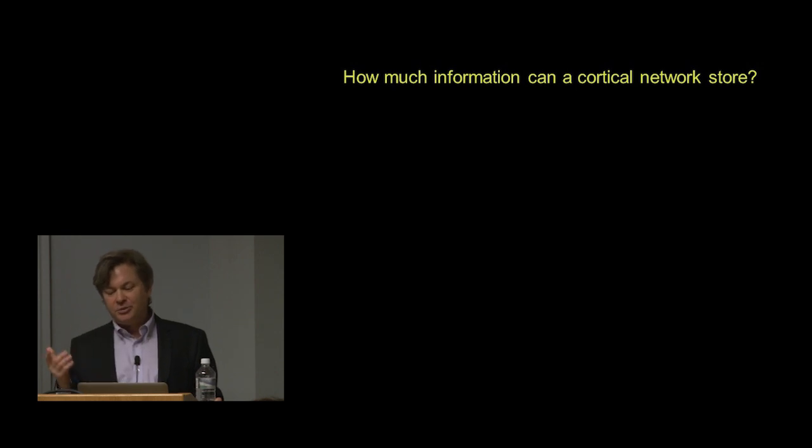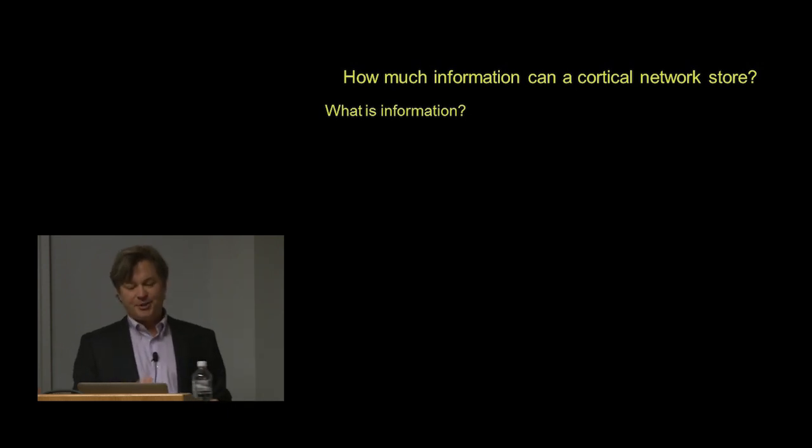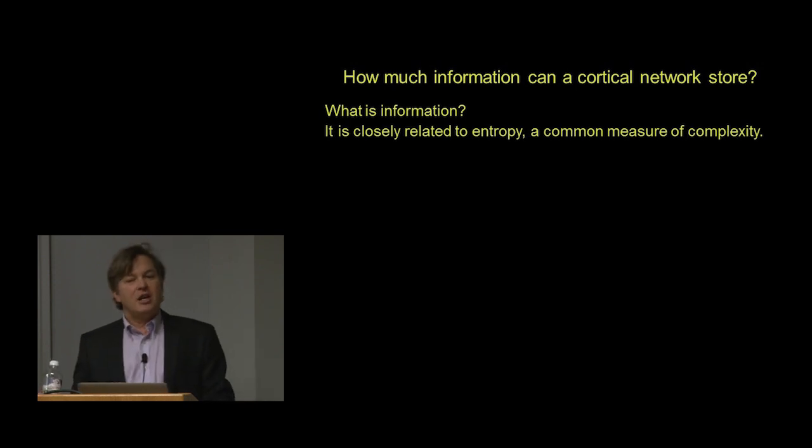So finally, I wanted to go back to a bit of the paper that I introduced earlier. Finally, I wanted to go back to information theory, which means I'll try to hurry a bit. What is information? It's closely related to entropy, a common measure of complexity.